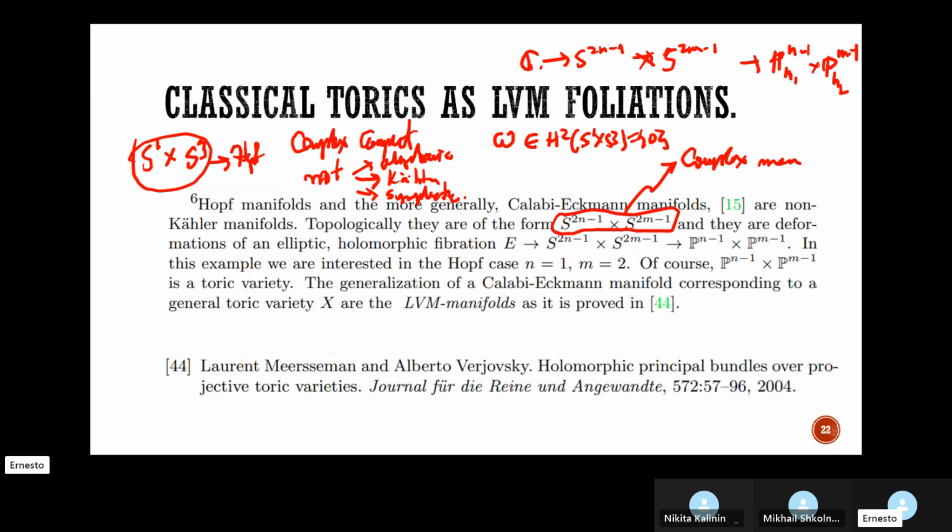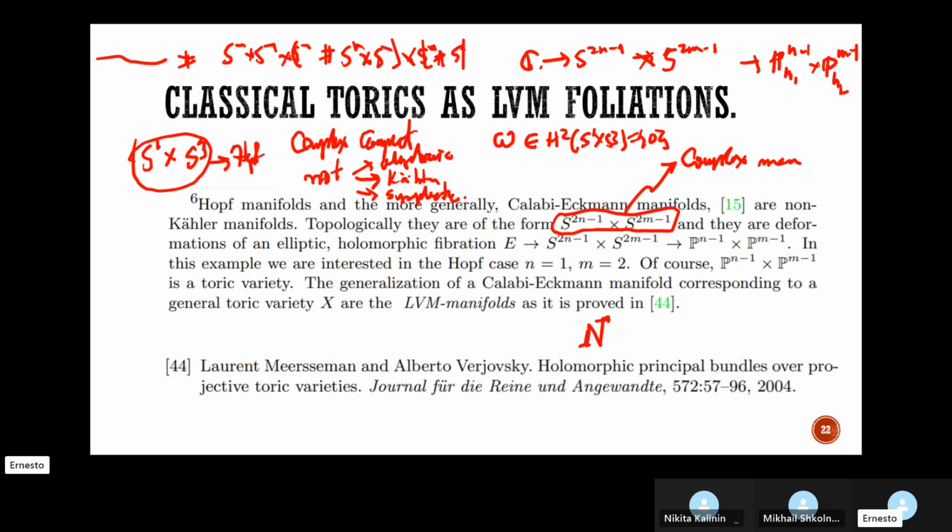Well, it turns out that Laurent Meersseman and Alberto Verjovsky in 2004 generalized this picture, and they found a complicated manifold, typically a product of spheres, connected sums with products of spheres, that kind of thing.